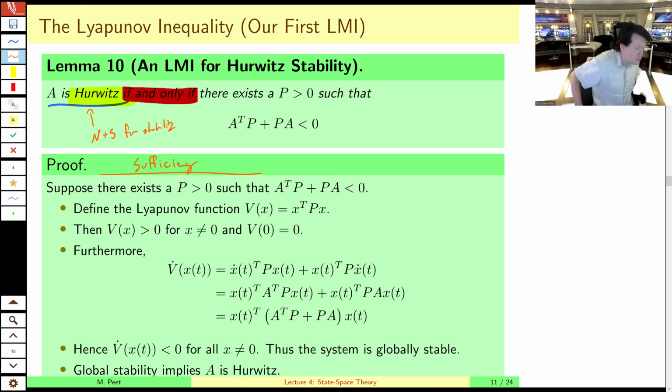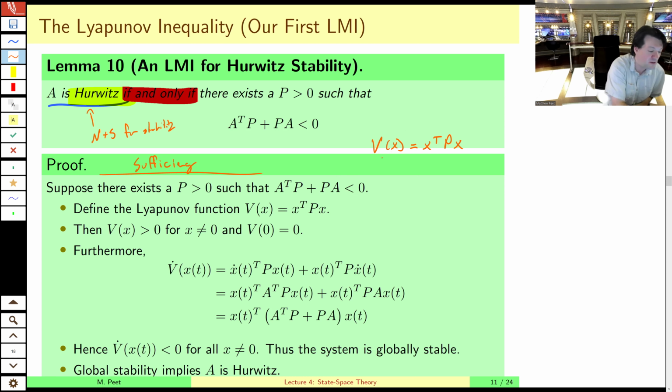The reason that LMIs are so useful for systems analysis and control is because there's this one-to-one relationship between positive matrices and positive Lyapunov functions, positive quadratic Lyapunov functions in general. So in particular, if P is a positive matrix, we immediately think in terms of a positive Lyapunov function.